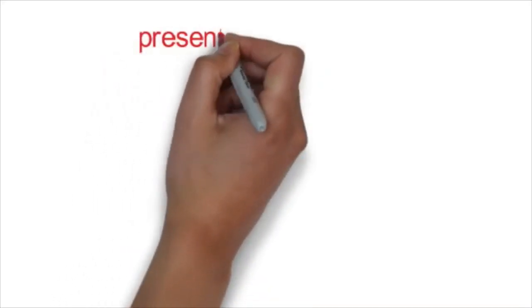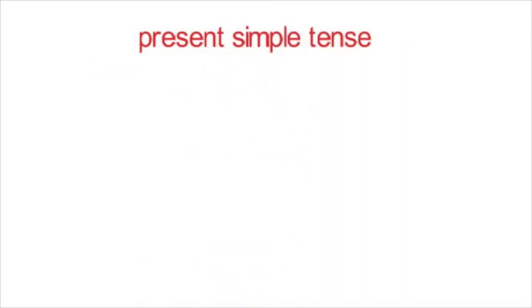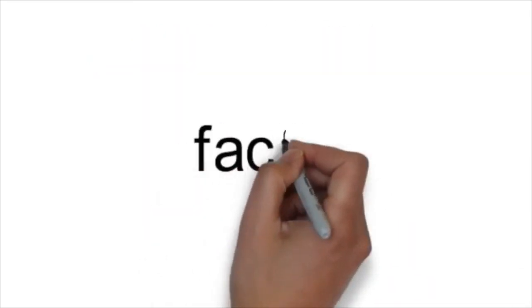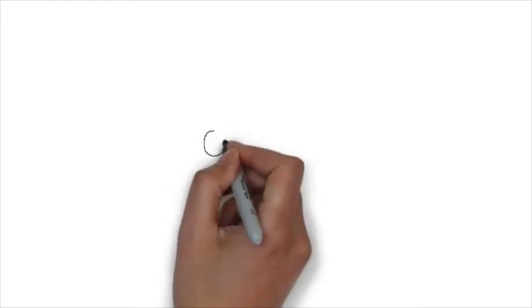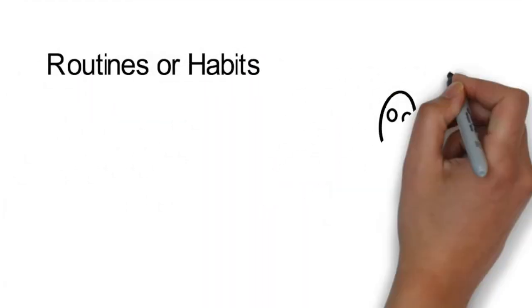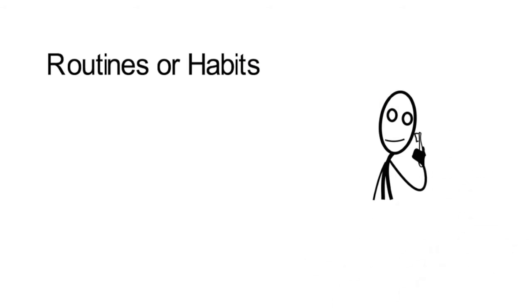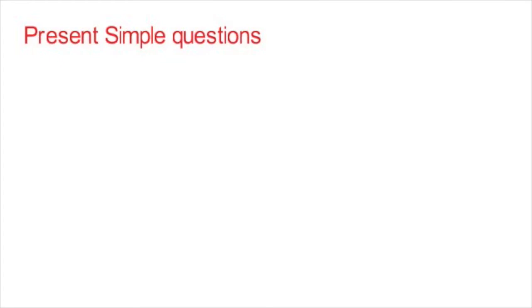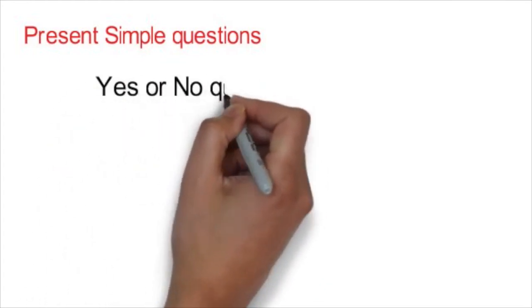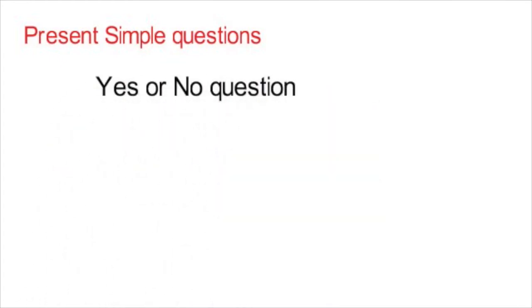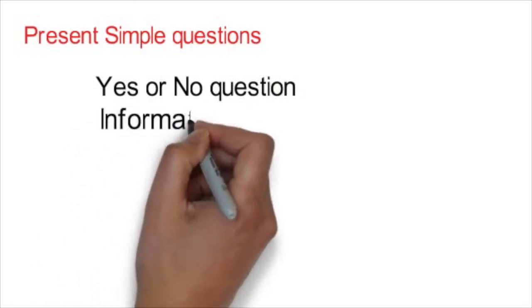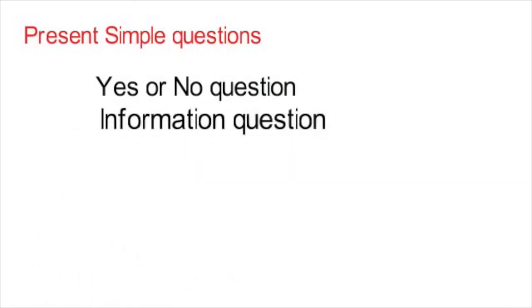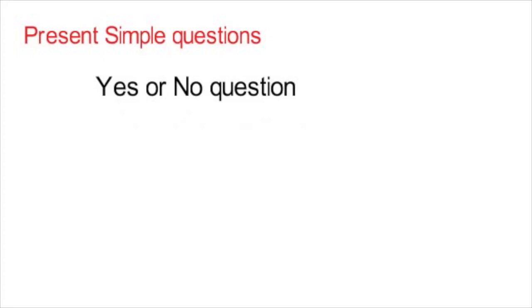So to sum up, we use the present simple tense to talk about facts, origins, and routines or habits. Now, to make present simple questions, you need to decide if the question is a yes or no question, or if it's an information question. Yes or no questions usually have yes or no in the answer.